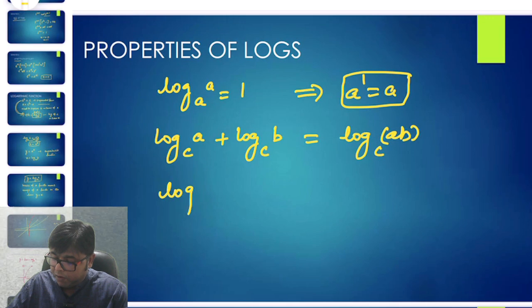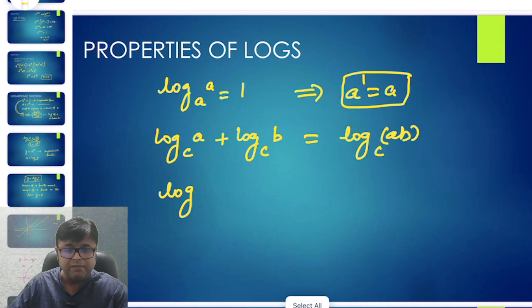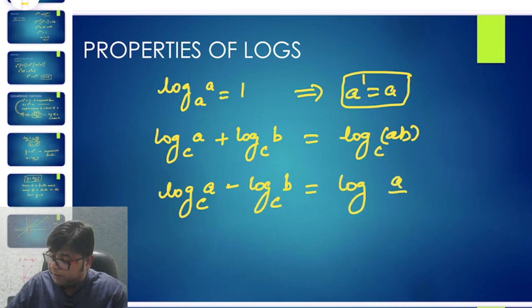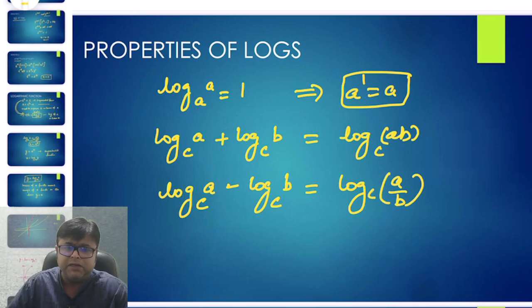All these we have done, so I'm not investing a lot of time on properties. I'm just going through them, because this is part and parcel of something we have done in school. Log a in base c minus log b in base c will be log of a by b in base c. If it's minus, then obviously it gets divided.